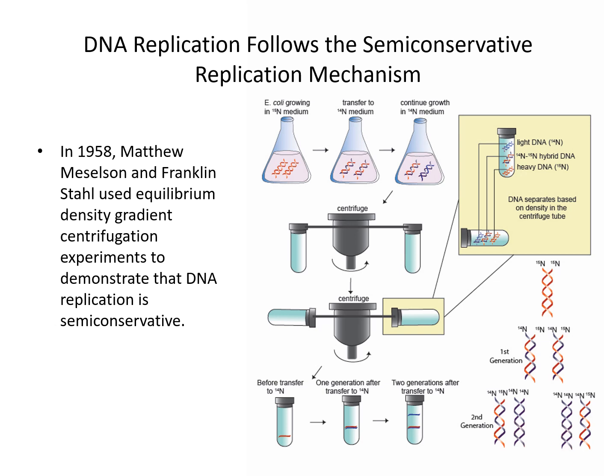What they did is they grew the E. coli in the nitrogen-15 isotope medium, and transferred for many generations so that all the DNA carried the nitrogen-15, then transferred to the nitrogen-14 medium to let it grow for 1 generation, and then they collected the sample, and then for 2 generations, they collected the sample.